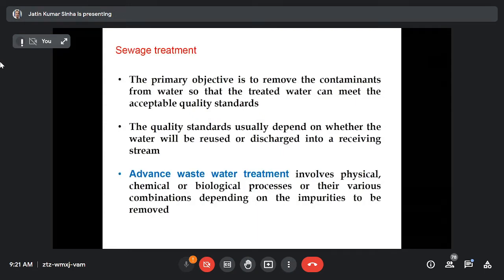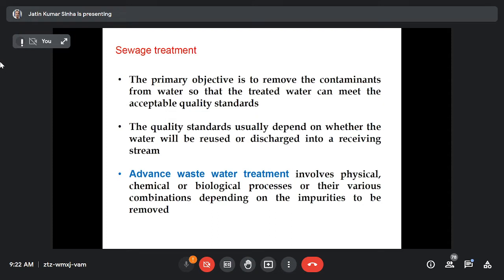But in most countries, the sewage water goes to the land, or at the end it ends up in a river after the treatment. So the quality standards usually depend on whether the water will be reused or discharged into a receiving stream. Advanced wastewater treatment involves physical, chemical, or biological processes, or their various combinations, depending on the impurities to be removed, because you have different types of impurities.